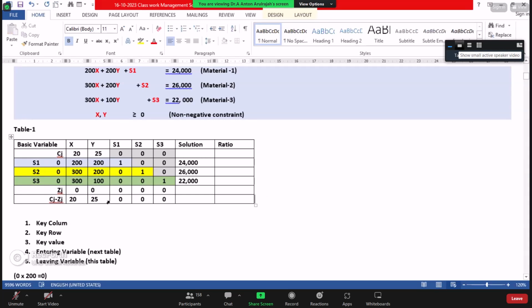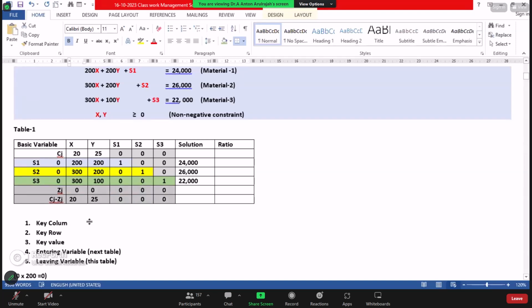Out of this Cj minus Zj, we have to select the per unit profit as the key column.